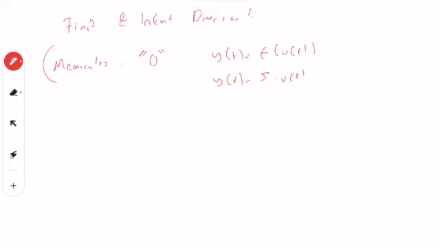Okay, so we know about systems with a memory. So what is an infinite dimensional system? Before going to the definition, and the definition is very simple, the idea is this.